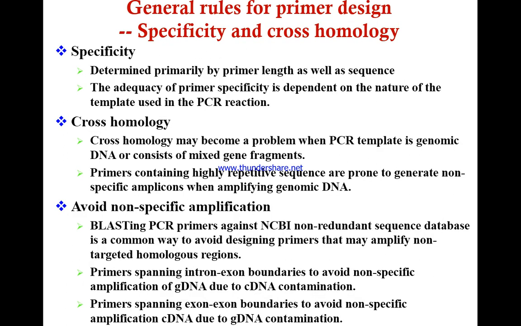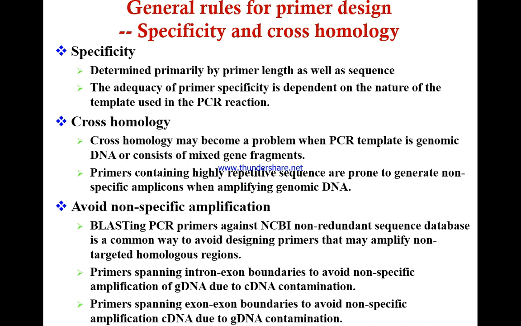General rules for primer design: specificity and cross homology. So what is specificity? Specificity is determined primarily by primer length as well as sequence. Primer length, as we talked about before, and sequence.